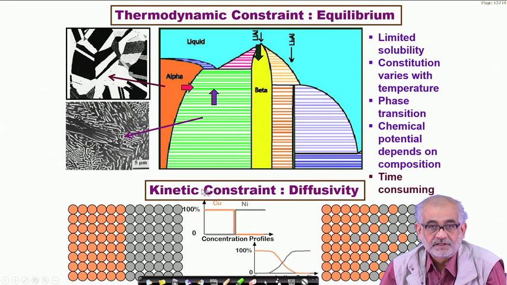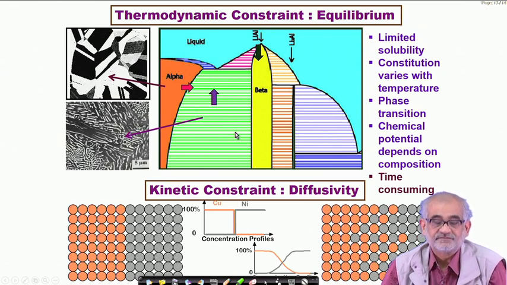So the rate is embodied in the kinetic considerations and is defined by the species diffusion or transport rate called diffusivity, and the equilibrium constraint explained in terms of the solubility limit coming from equilibrium considerations is captured in pictorial descriptions such as the phase diagram.